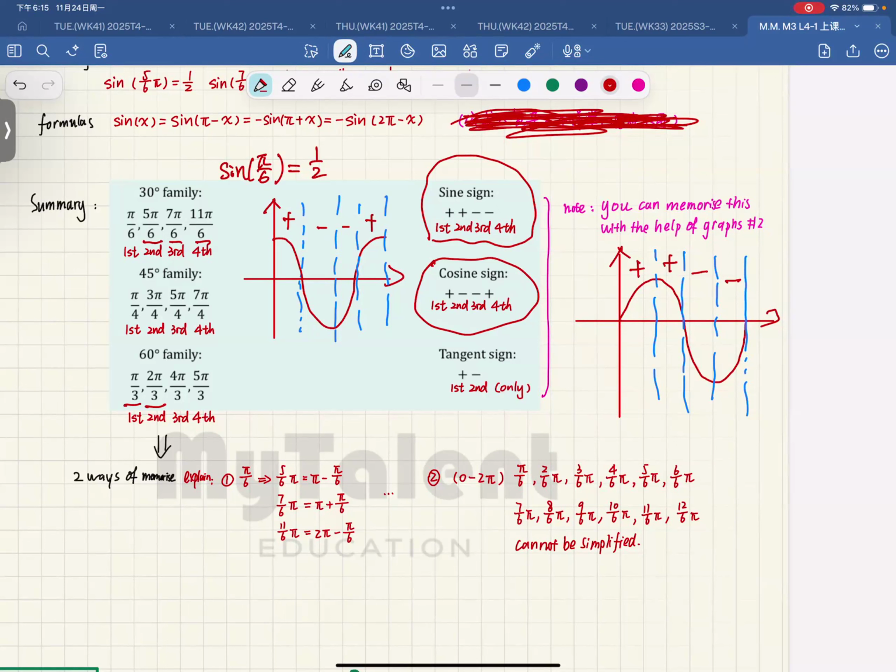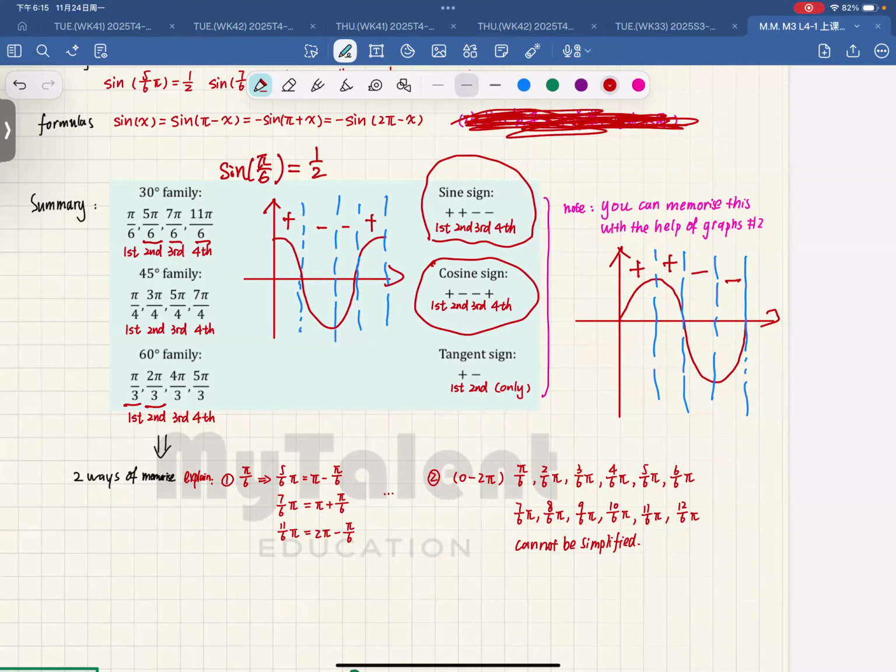And then if I divide it into 4 sections, let's say that's section 1, section 2, section 3: positive, positive, negative, negative.